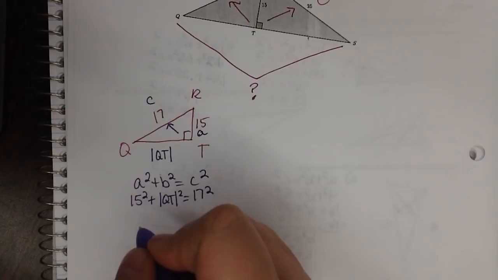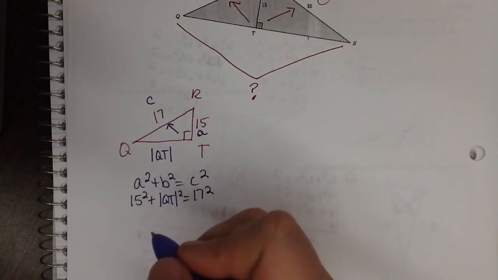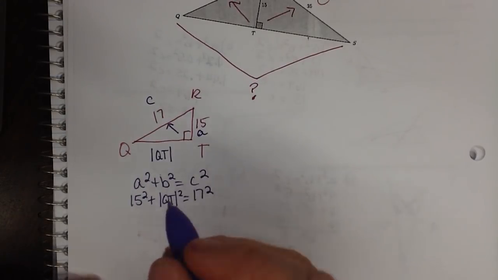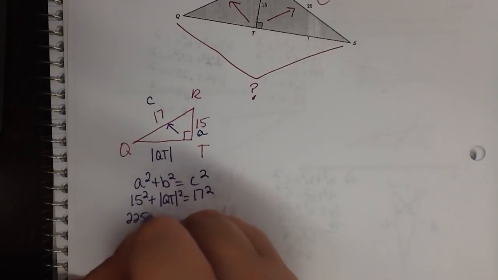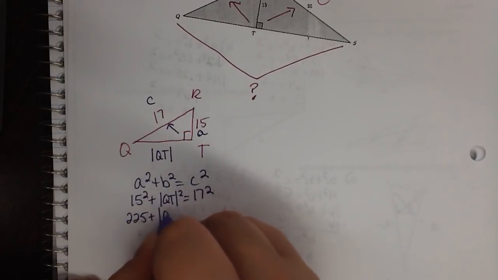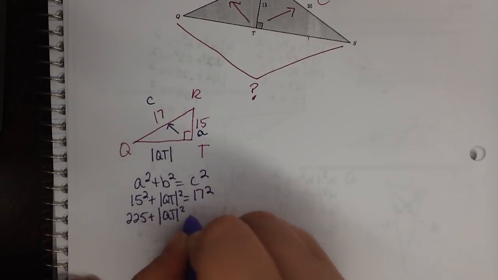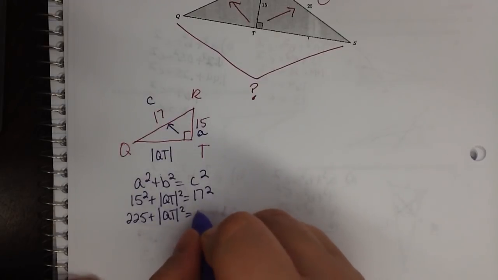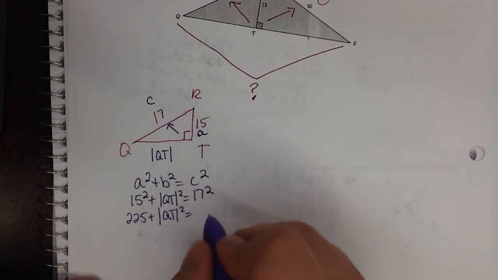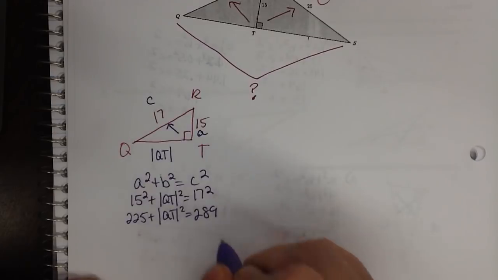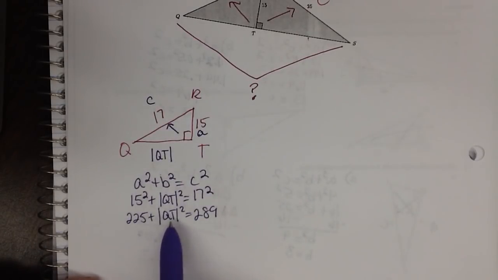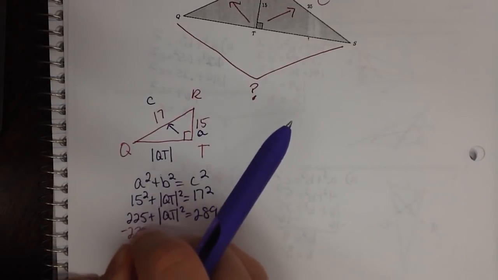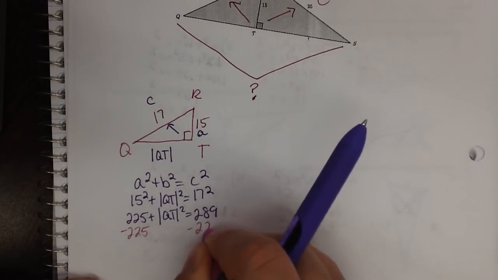15 squared is 225. 17 squared is 289. Okay, I want to get the distance from Q to T by itself, so I've got to subtract the 225. So I'm going to subtract 225 on the left and subtract it on the right.